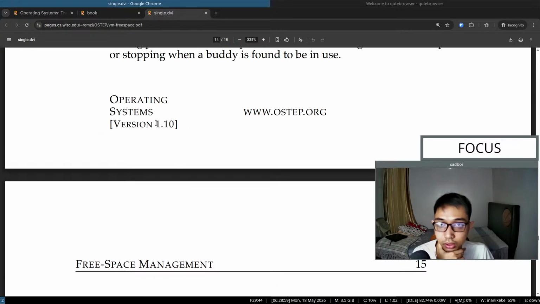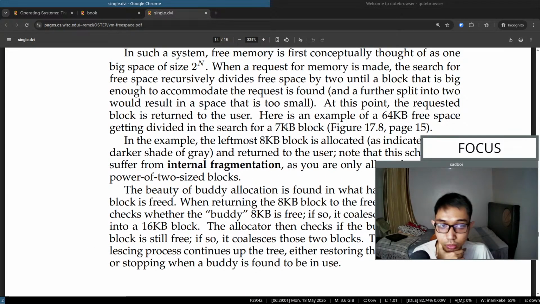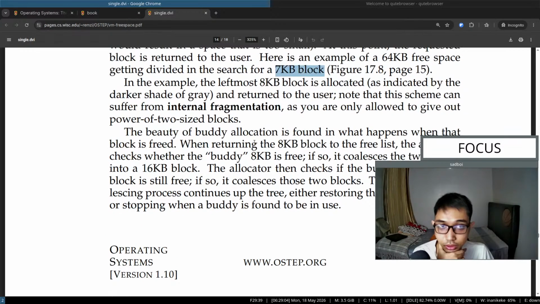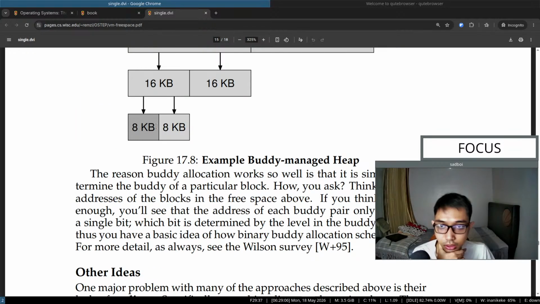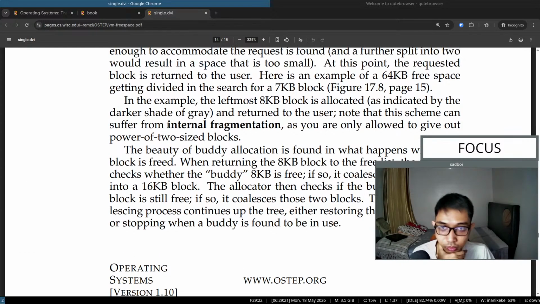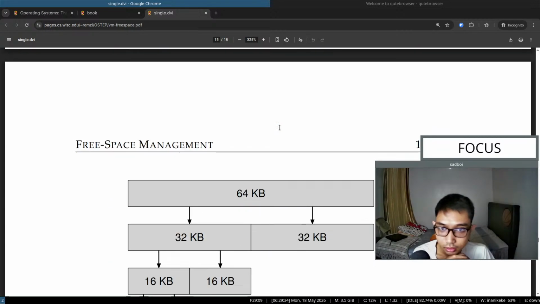But because we only need a 7 kilobyte block, this 8 kilobyte allocated memory still has 1 kilobyte unused. Maybe that's what it means by internal fragmentation. The fragmentation happens in the allocated memory.